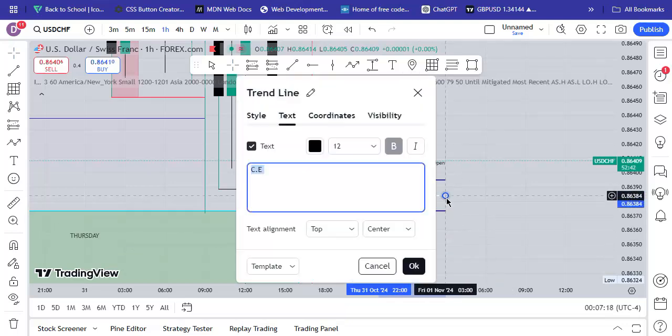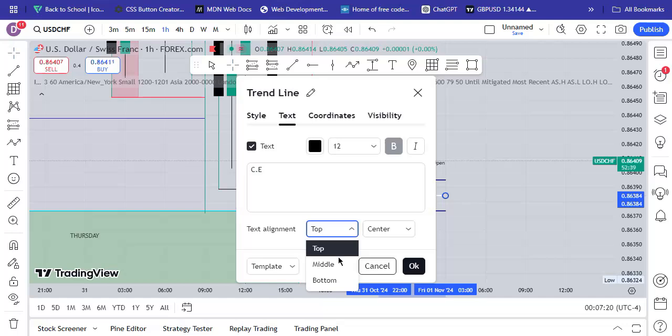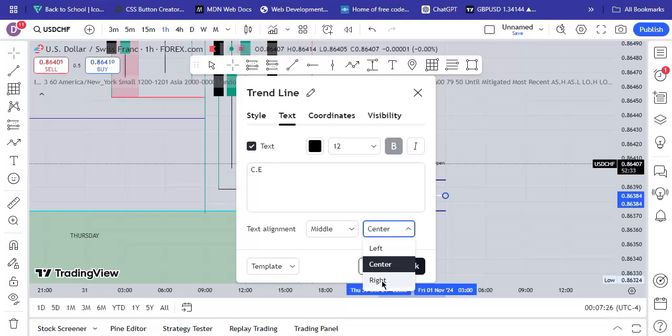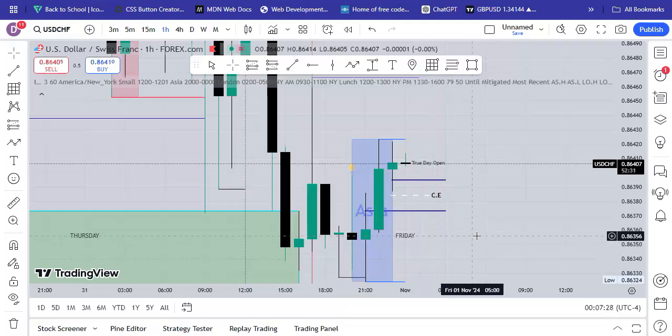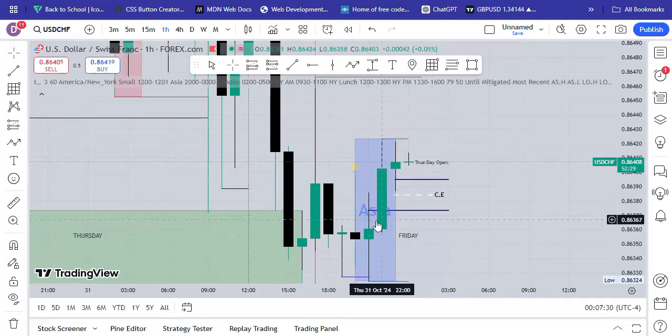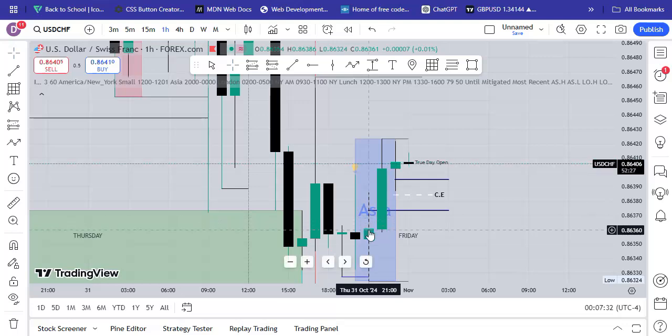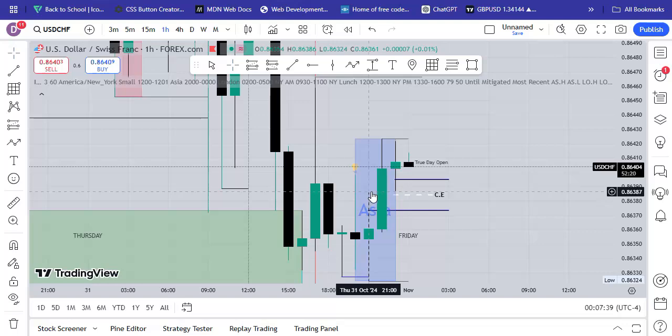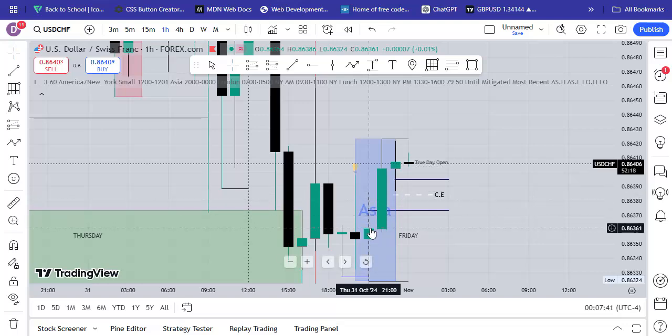Okay, so this is an implied fair value gap. The wick of this candle, you measure the 50% of this candle from this close right here to the high, you measure the 50% level, which happens to be here.